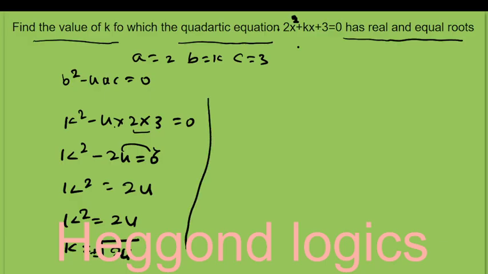Then after that k is equal to root 24, or otherwise you can write 24 in terms of 4 into 6. After taking the square root of 4, it will become 2. That's why 2 root 6. This is the value of k for this quadratic equation.